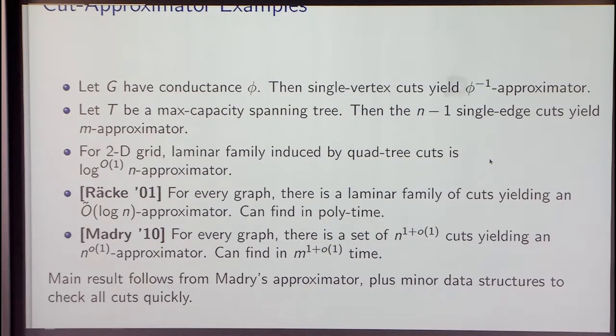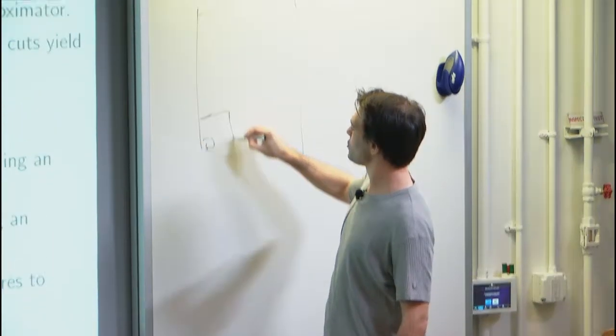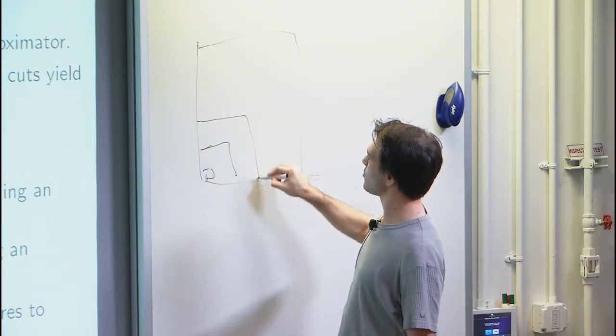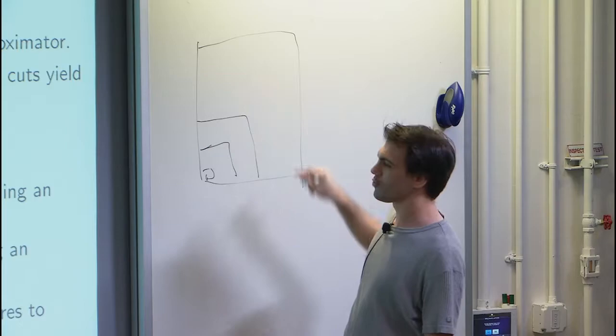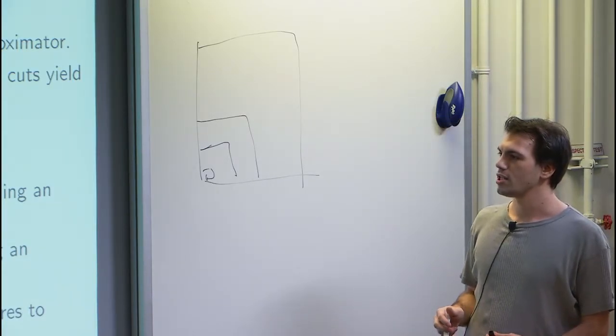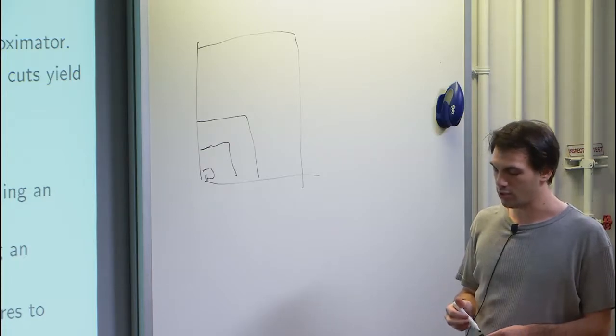For a 2D grid, if you look at the single vertex cuts, but also 2x2 subgrids, and 4x4 subgrids, basically all the power of 2 subgrids, this gives you a hierarchical decomposition. This gives you a log to the O of 1 approximator.